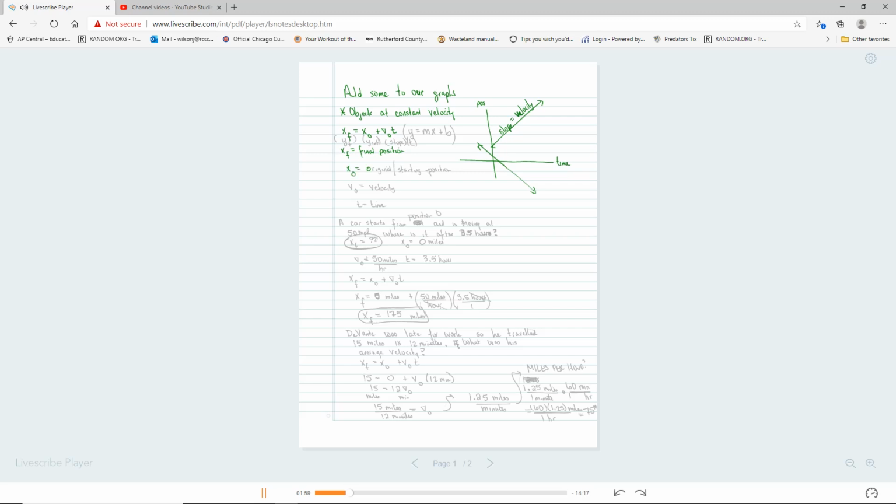X naught is going to be original or starting position. V is going to be our velocity, and T is going to be time. So we'll be using those symbols kind of for the rest of the year. So might as well go ahead and label them all today.